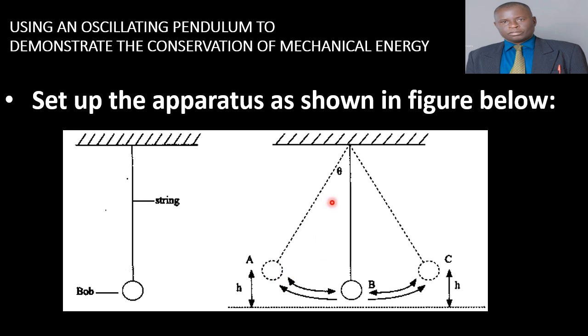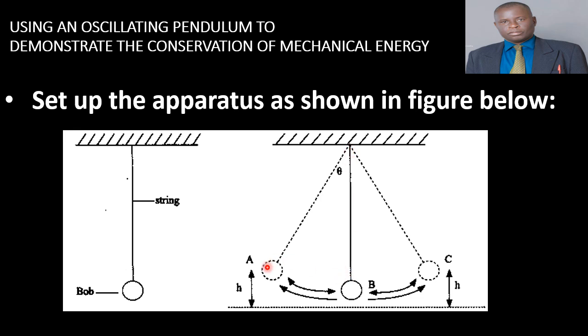But sometimes, because of frictional force between the string and where it is attached, this energy can be transferred to heat energy. That's why the body eventually is going to come back to rest on its own, because of the frictional force between the string and the support, the contact.